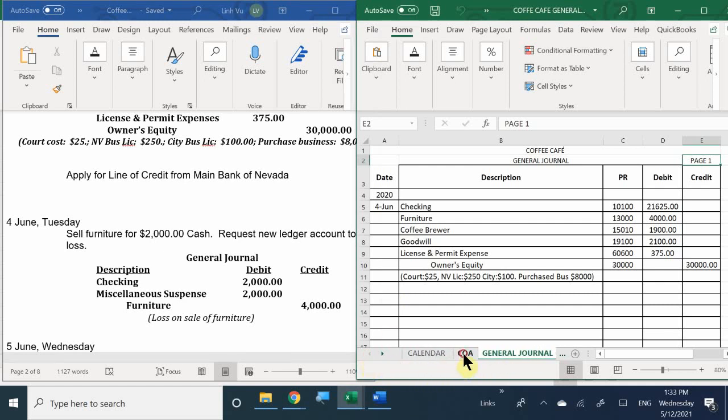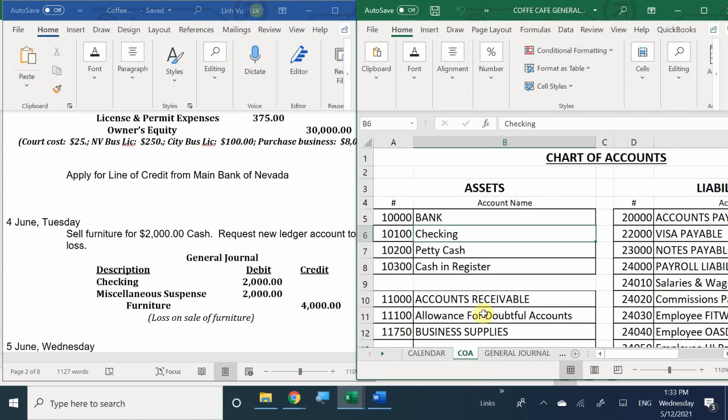Now let's take a look at the chart of accounts. Do we even have a cash account? No. We have cash in the register, but we don't have a register yet. So you technically don't have a cash in the register account. Petty cash. Once again, you didn't set up a petty cash fund yet. So therefore, you can't just dump extra change in there.